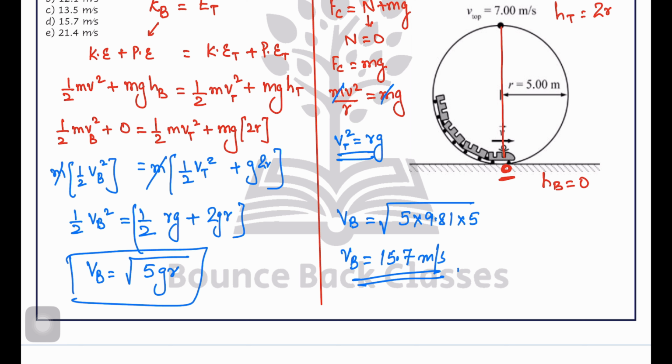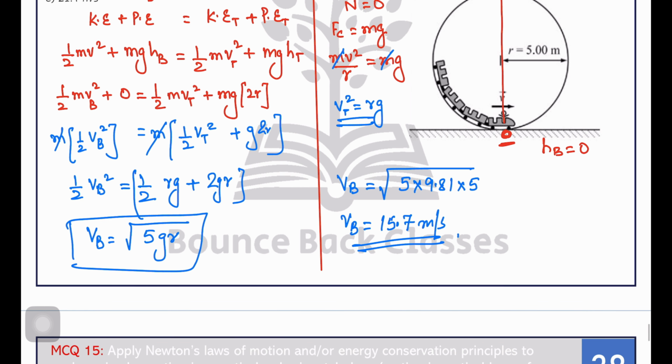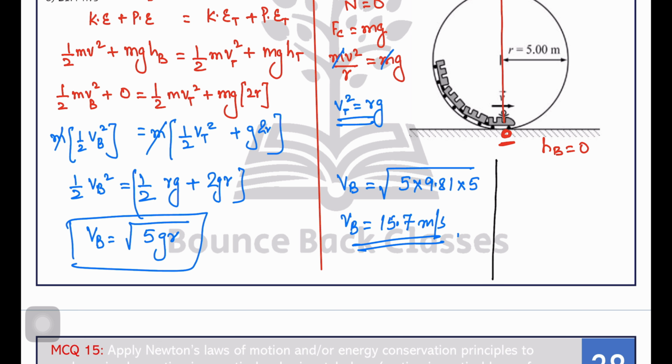Clear, guys? I just want to add something here so that you can remember three things. In the circle, just take three positions: bottom, middle point, and top, with velocities V bottom, V middle, and V top. I'll give you the direct formulas so that you can solve in your exam.